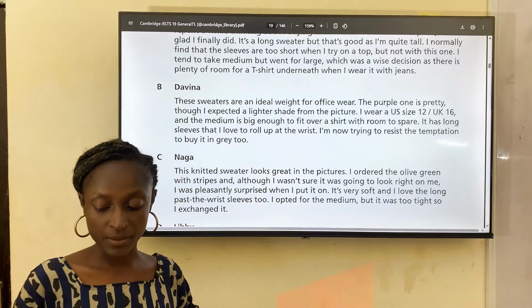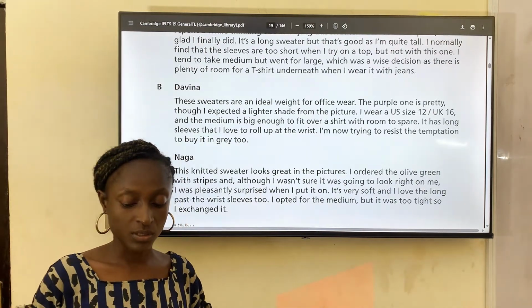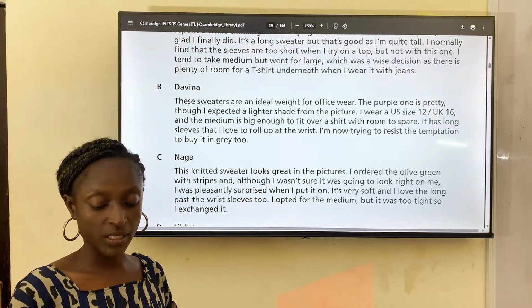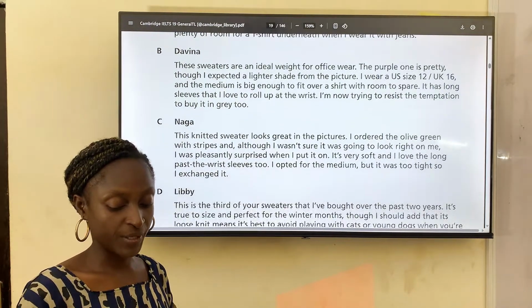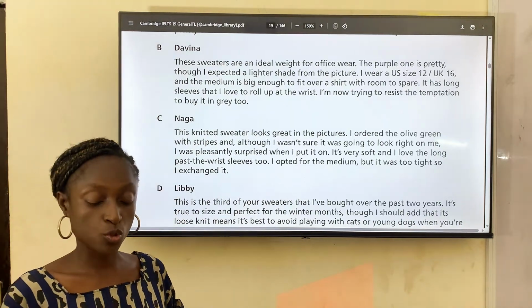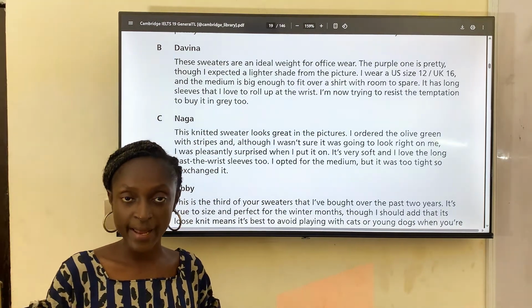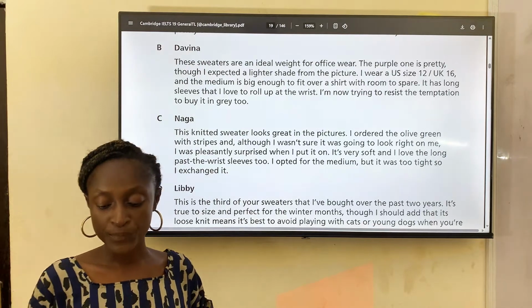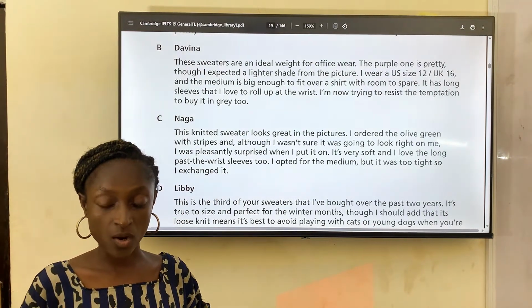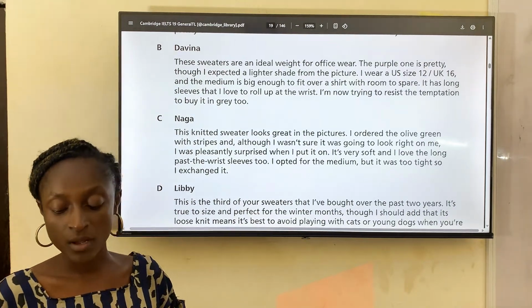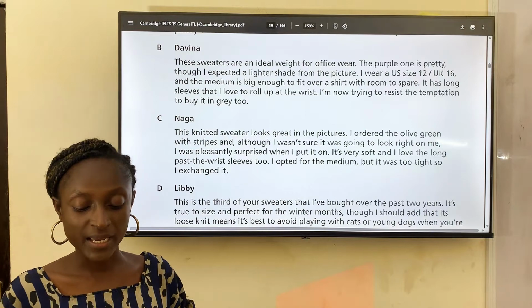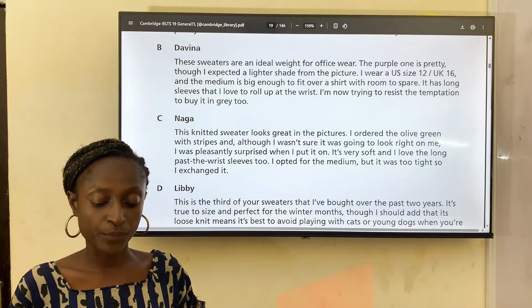While we were skimming, the answer could be found in paragraph B, the second sentence, because we have skimmed this passage earlier. So the answer will be found in paragraph B, the second sentence, where we have: the purple one is pretty, though I expected a lighter shade from the picture.